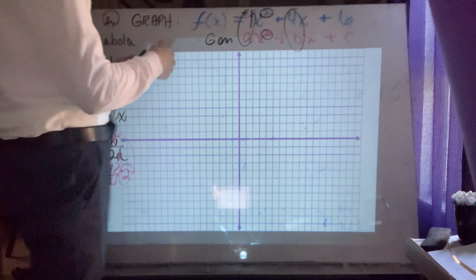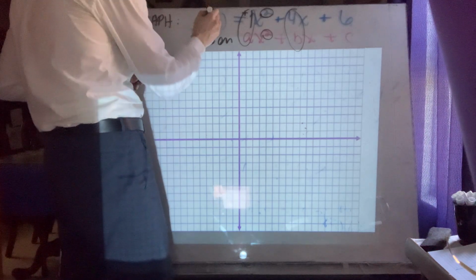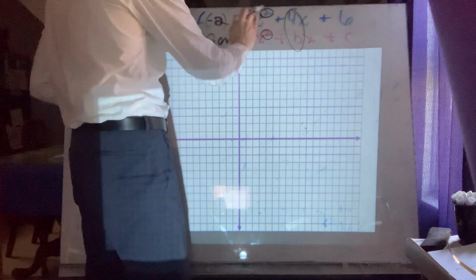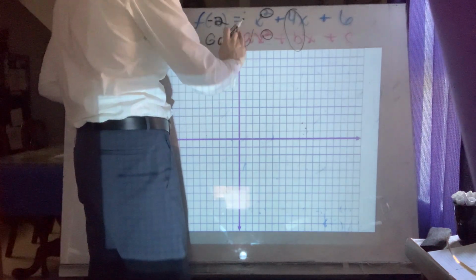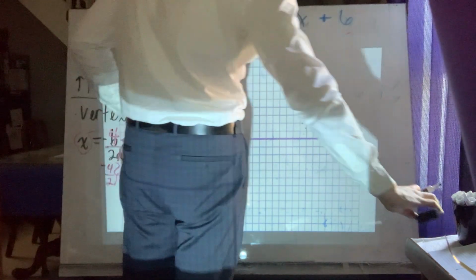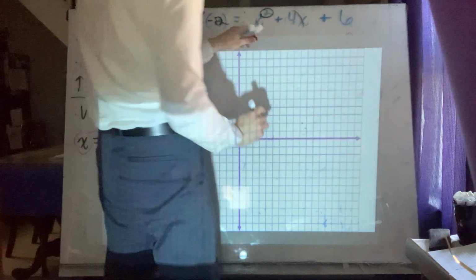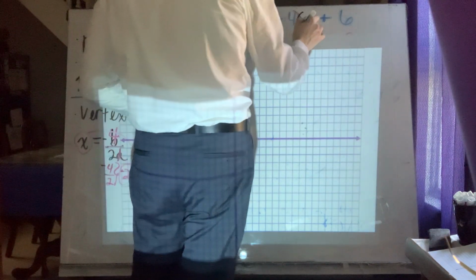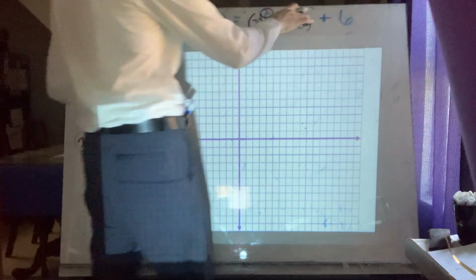So what we would need to do is then evaluate the function using negative 2. If I go back to this and I stick negative 2 in here, I'll erase this just to get out of the way. In place of the first x, I'm going to put -2 to square. In place of the second x, I'm going to put -2 to multiply by 4.